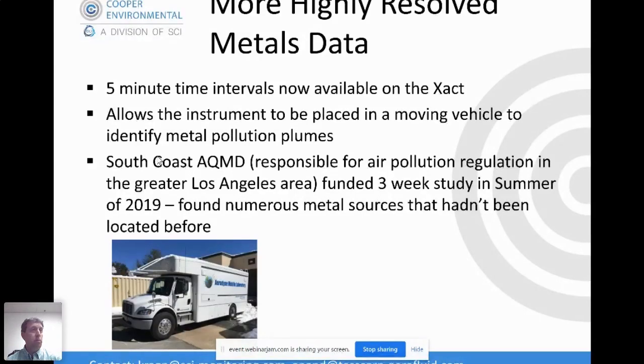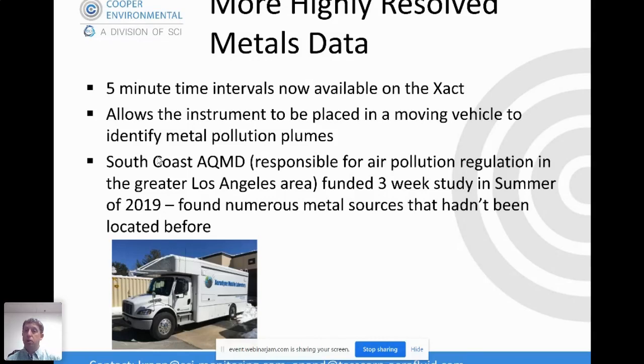They used the instrument very briefly for a study where they were able to find numerous metals sources that hadn't been located before simply by placing the instrument inside of a moving vehicle and observing the geographic locations where they had high concentrations.